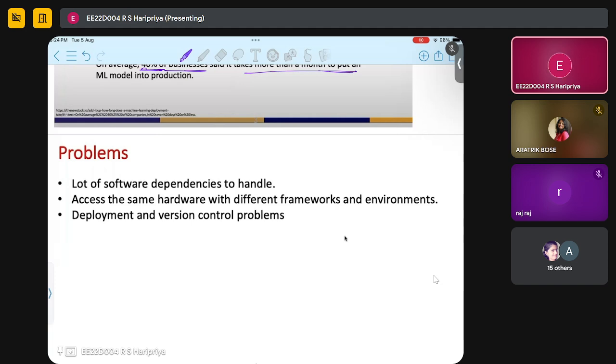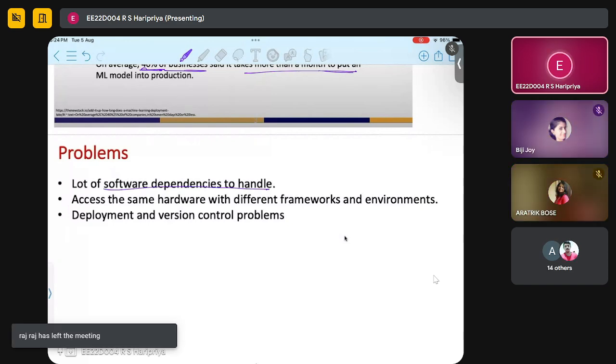There are a lot of software dependencies to handle, because there will be different teams working on different types of frameworks, different operating systems, and versions, and all have to run on the same hardware.